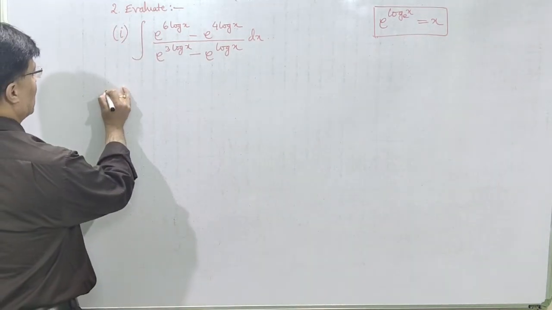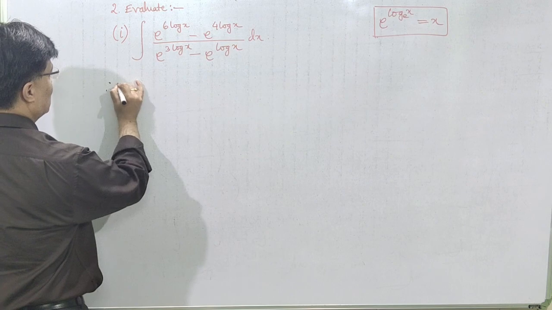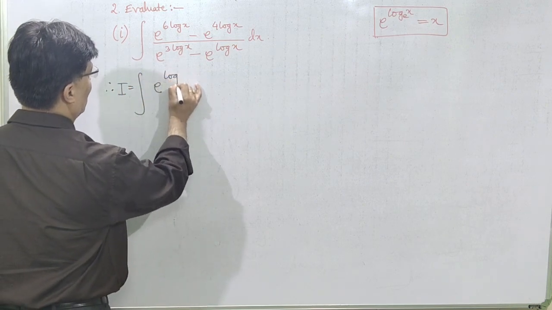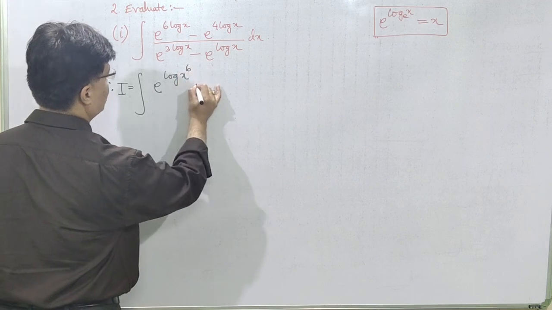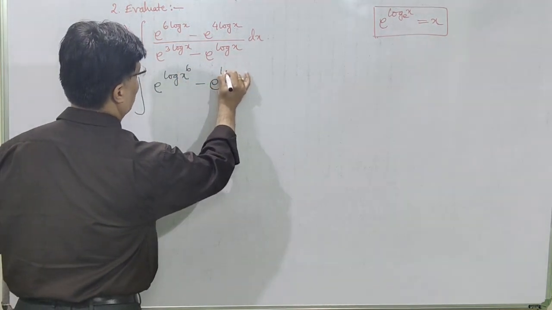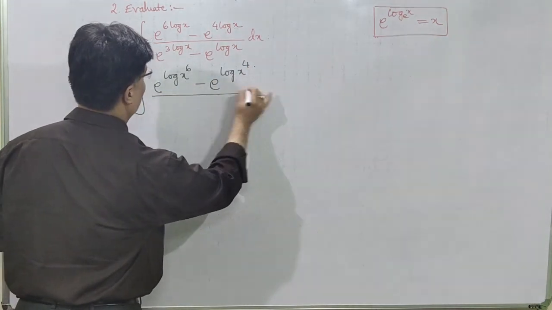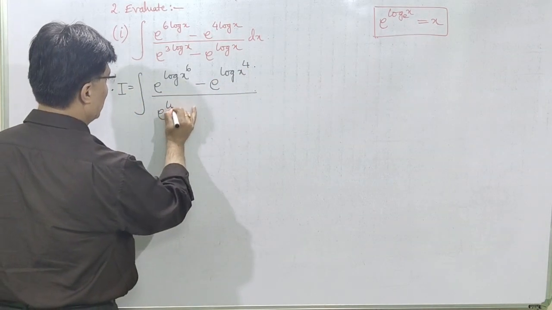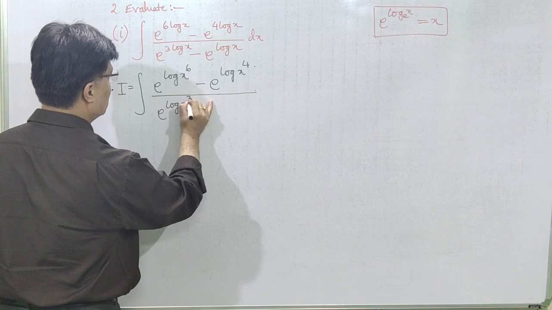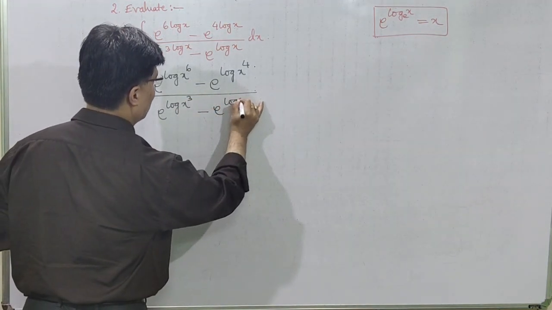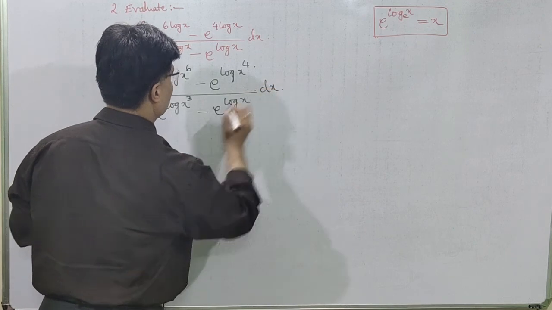Therefore, I is equal to the integration of e to the power log x to the power 6 minus e to the power log x to the power 4, divided by e to the power log x cube minus e to the power log x, with respect to x.